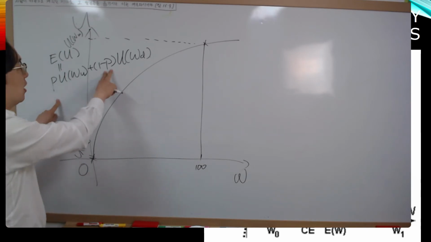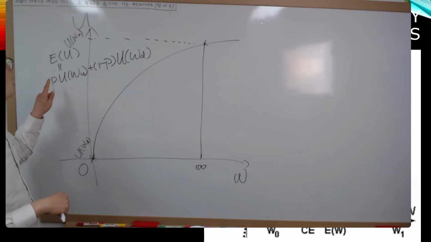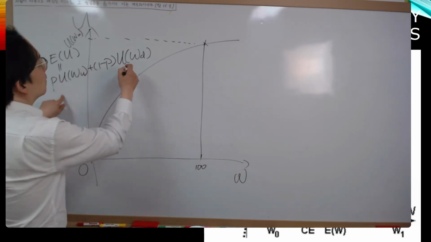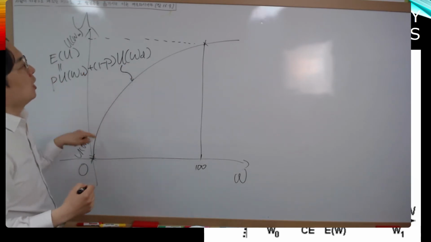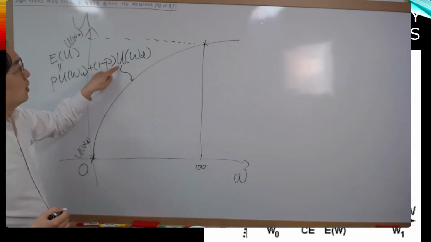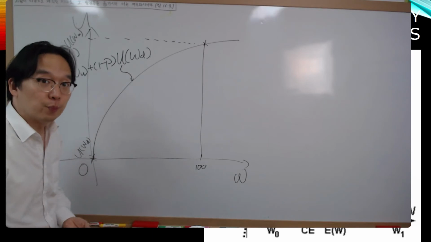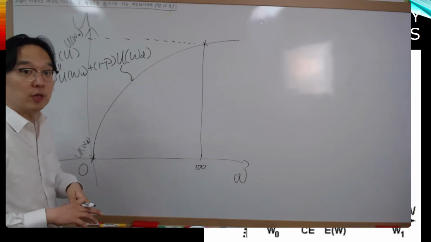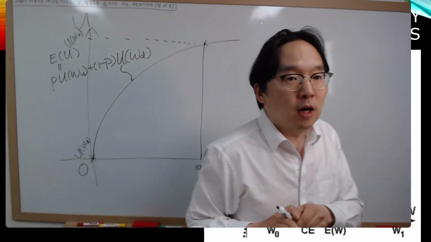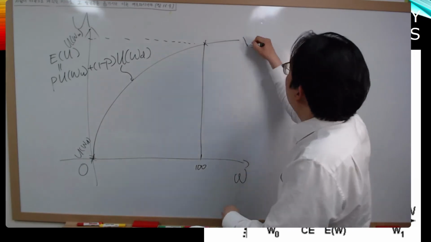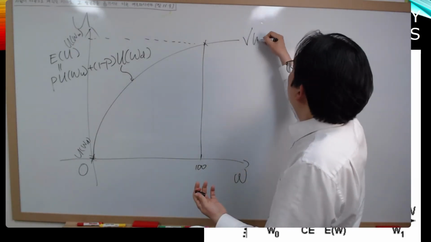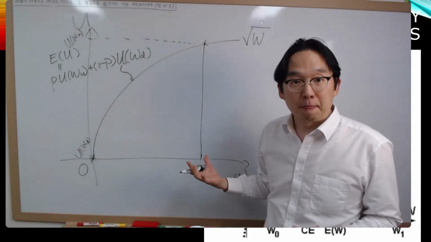Now, the shape of the utility function depends on the functional form that you assume. Here, I assume a concave utility function like the square root of wealth or something like that.